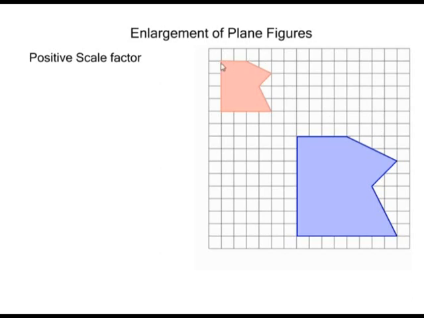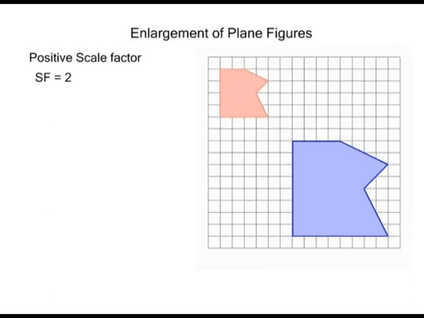The pink shape has 1, 2, 3, 4 boxes down, and the blue shape has 1, 2, 3, 4, 5, 6, 7, 8 boxes. Now I know that 8 divided by 4 is equal to 2, and so the scale factor is 2. Remember, the ratio of corresponding sides must be proportional, so I could actually have counted the top line.